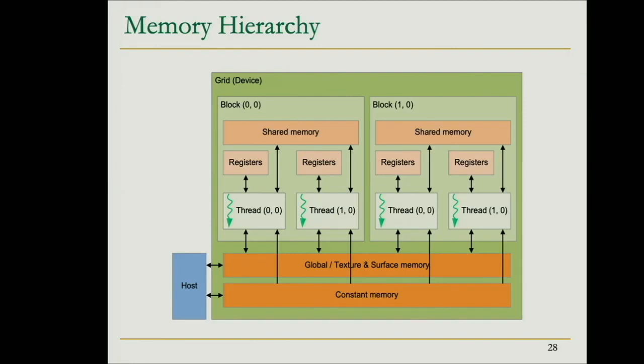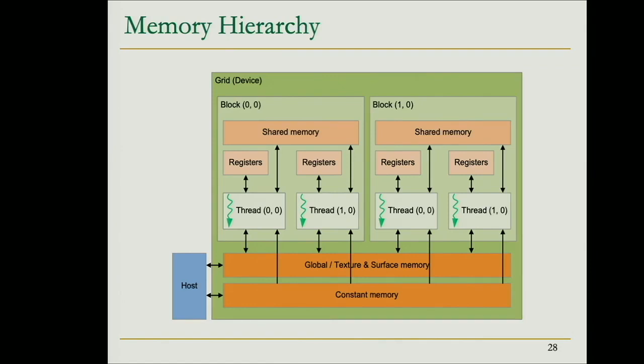The global memory, or the device memory, is all this orange thing here. But from the programming perspective, it can be divided into several parts. For example, constant memory is the memory area that you allocate for read-only data. Global memory is the general purpose one for read-write.